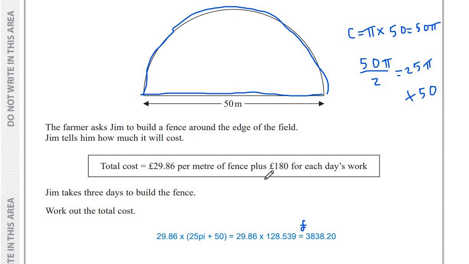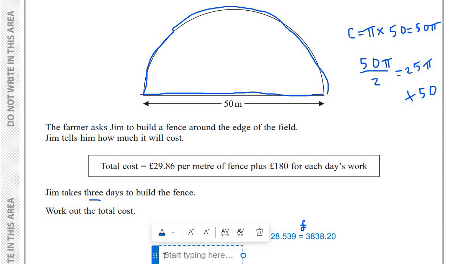But we also need to pay 180 pounds for each day of work. And Jim takes 3 days. So for 3 days of work, 3 times 180, that's 540 pounds extra that needs to be paid to him.